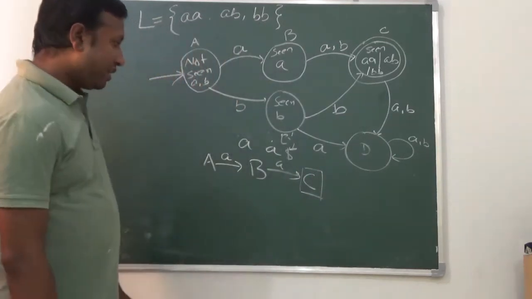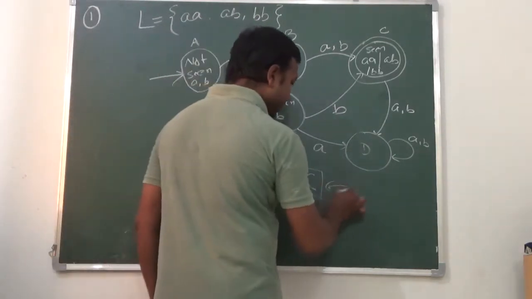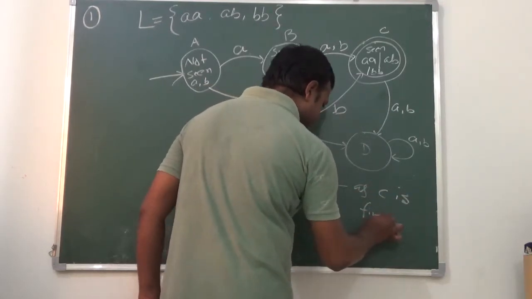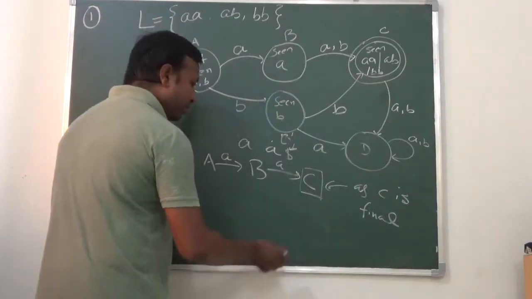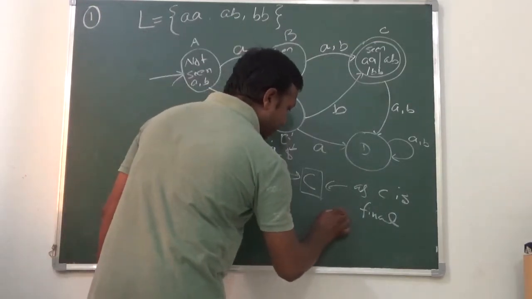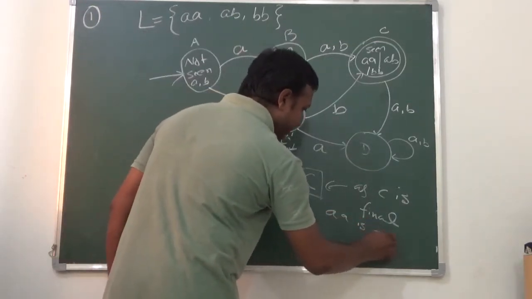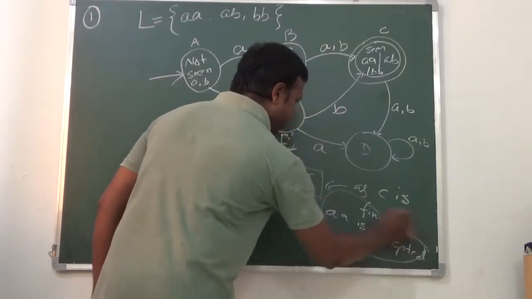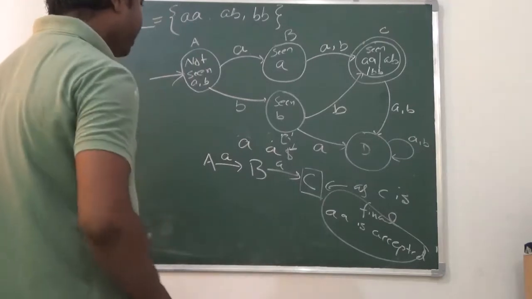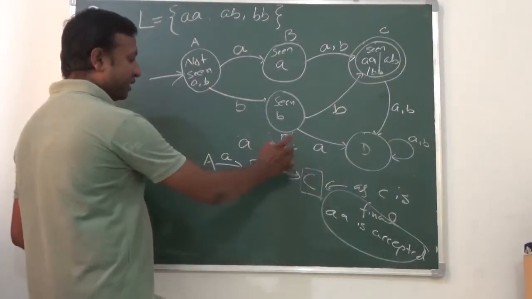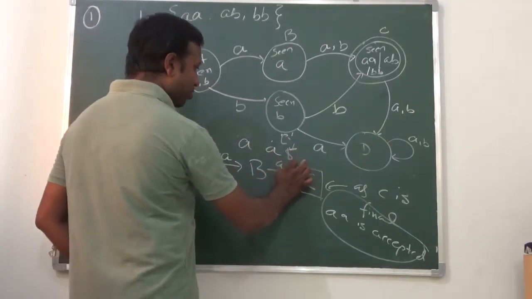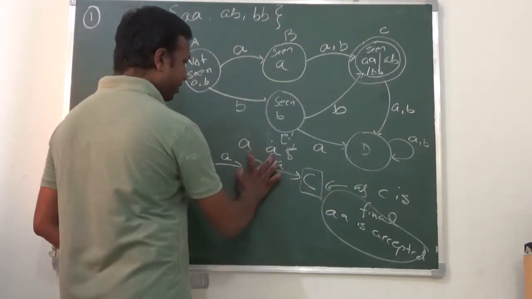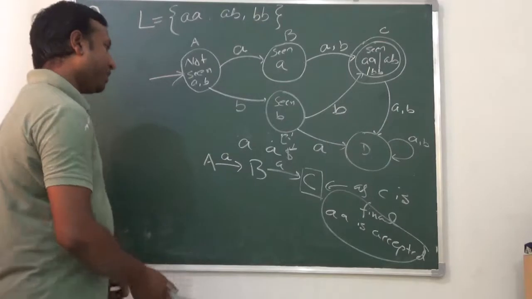That is C. C is the final state, so AA is accepted. If C is the final state, and your head is on dollar, then you can say this string, AA, will be accepted.